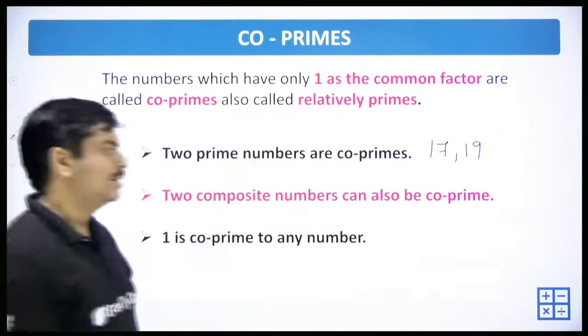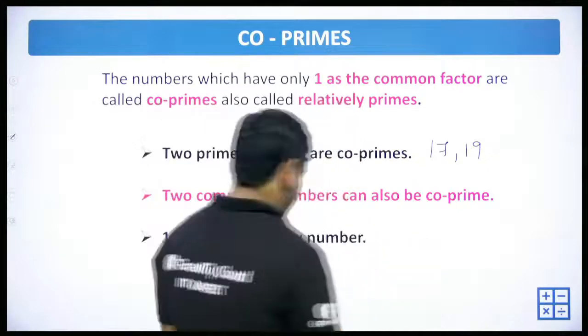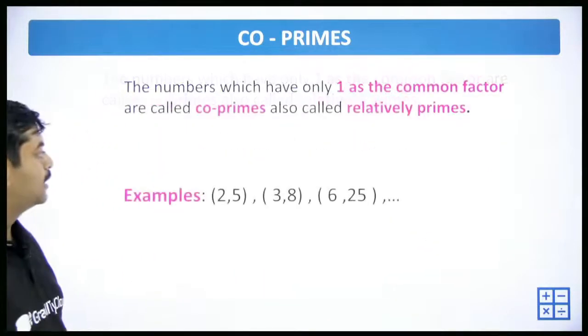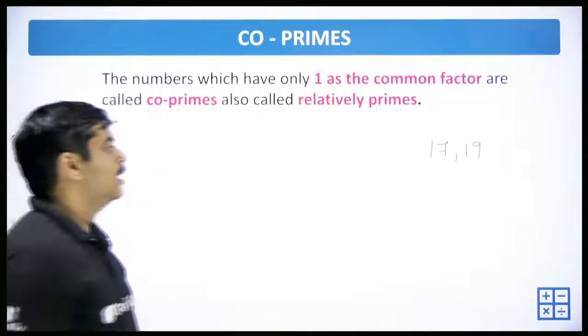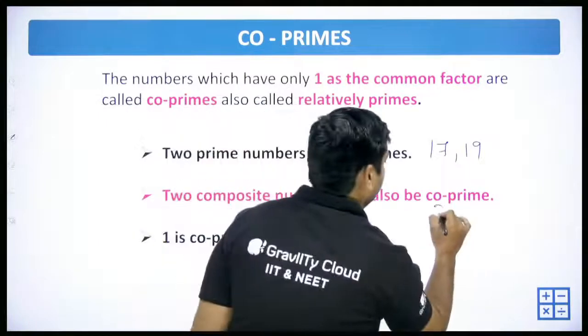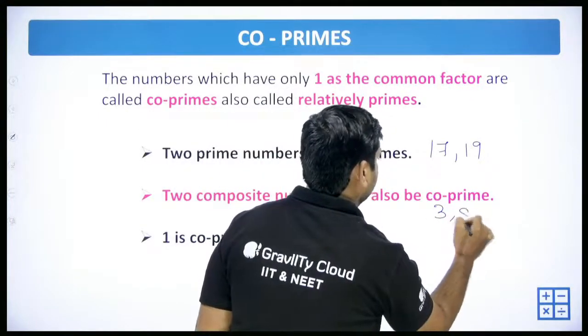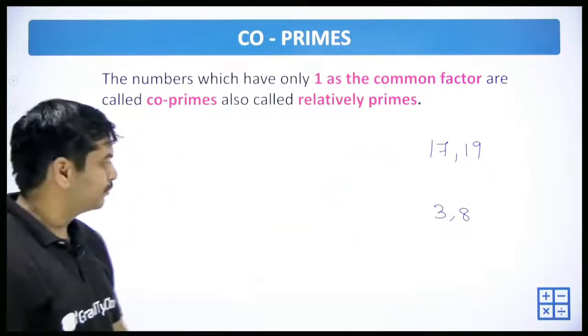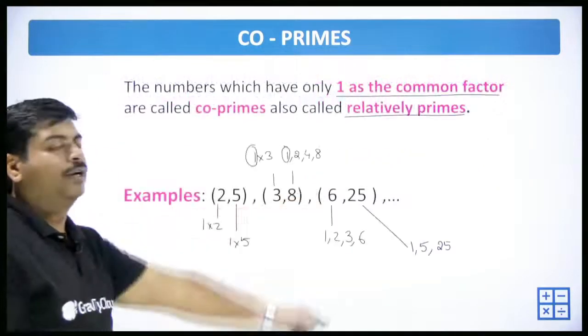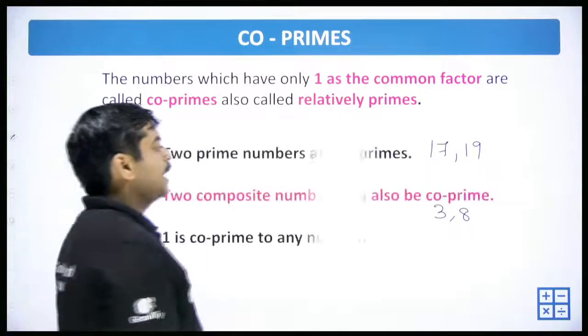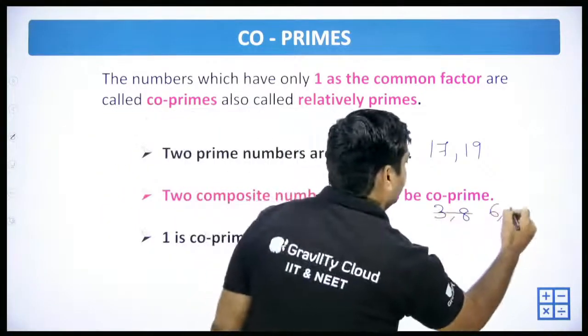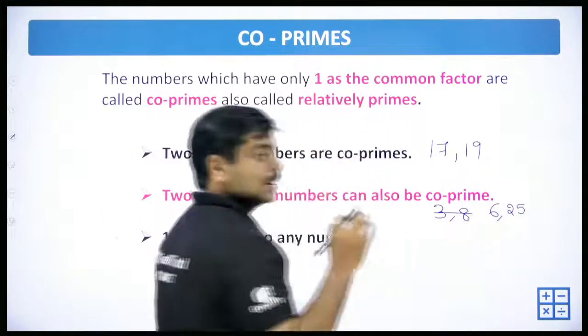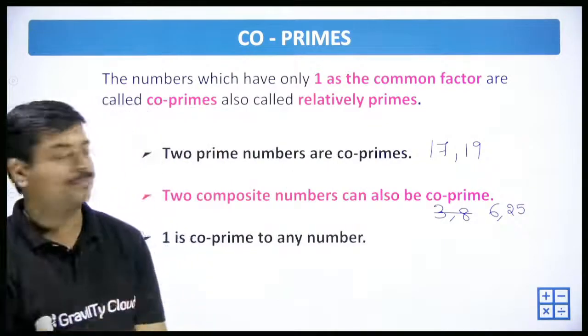Just now we discussed, right? 6 and 25. 6 and 25 are both composite numbers, but they are co-prime.